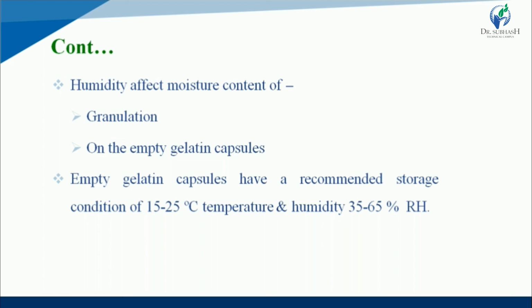Empty gelatin capsules have a recommended storage condition of 15 to 25 degrees centigrade temperature and 35 to 65% relative humidity. So empty gelatin capsule shells should be stored at 15 to 25 degrees centigrade temperature and 30 to 65% relative humidity is maintained.